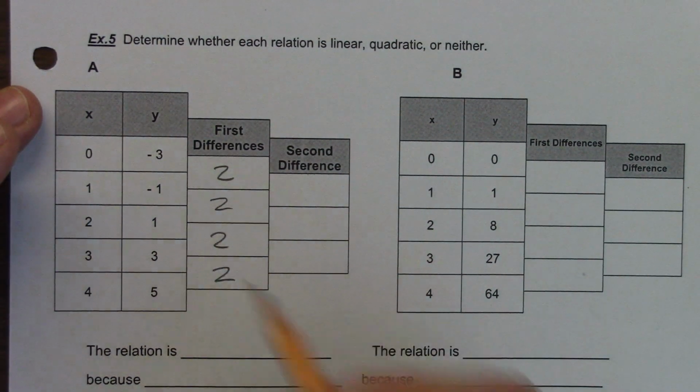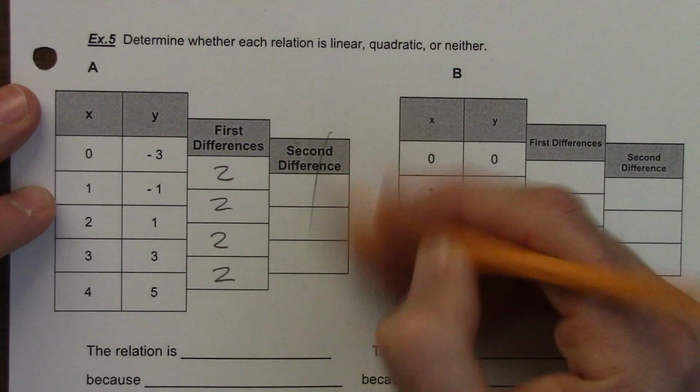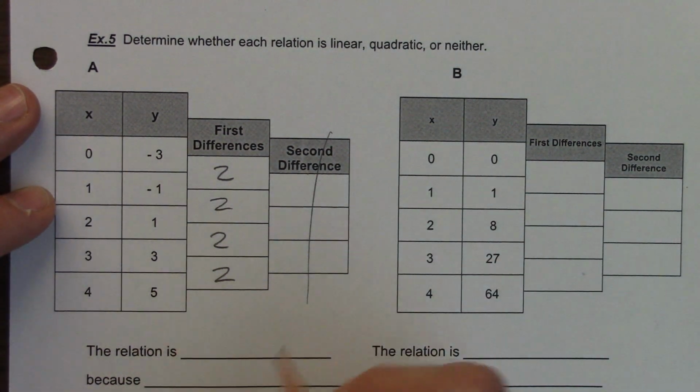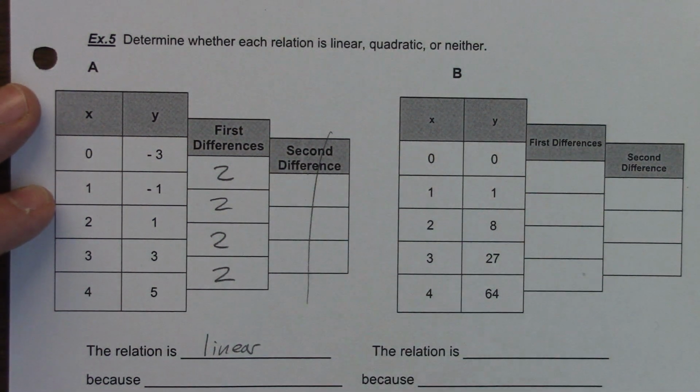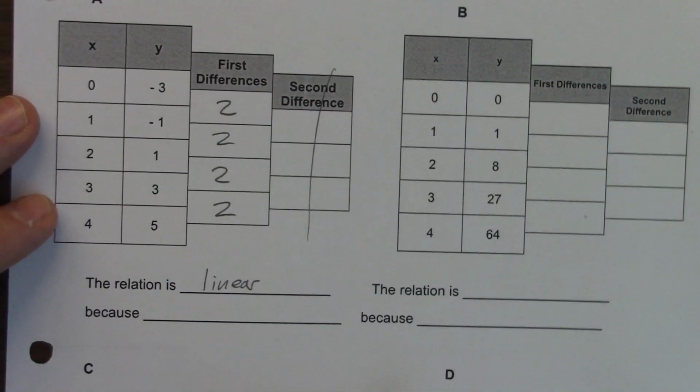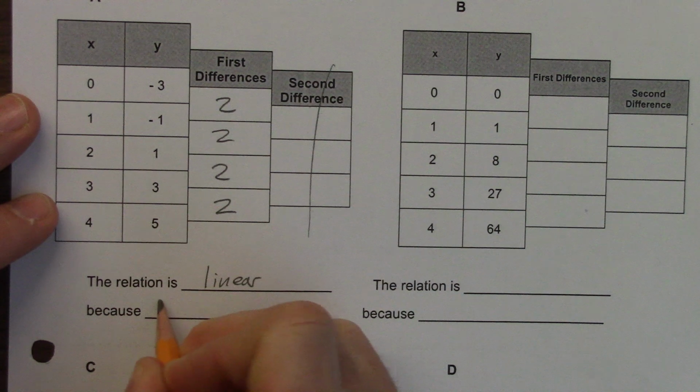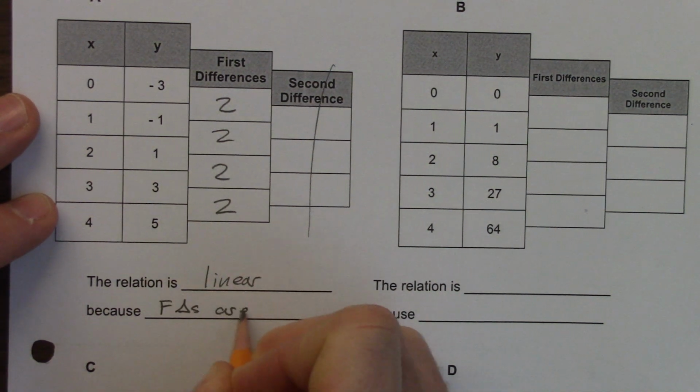Okay? So our first differences are the same. So we don't need to do the second difference because we know this relation is linear. Linear because first differences are the same.